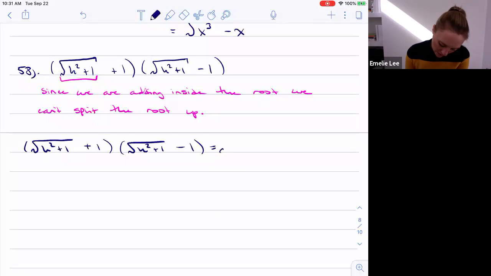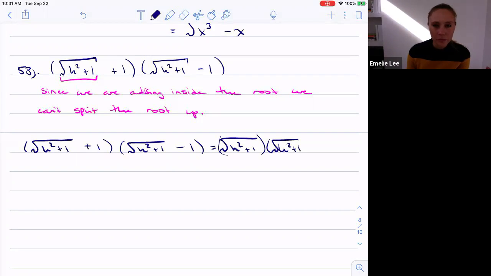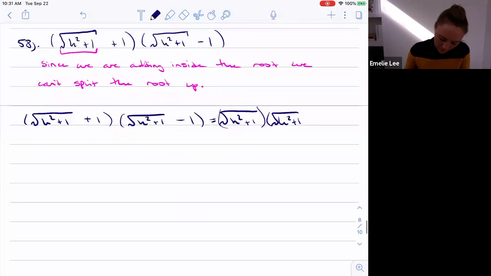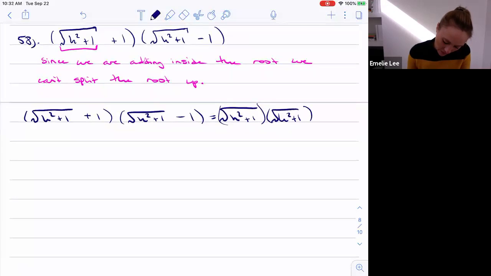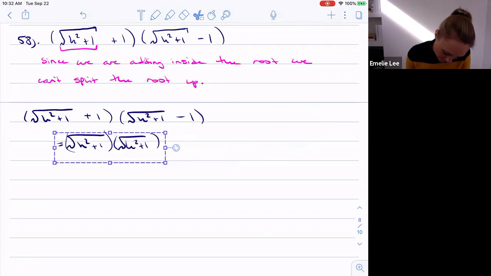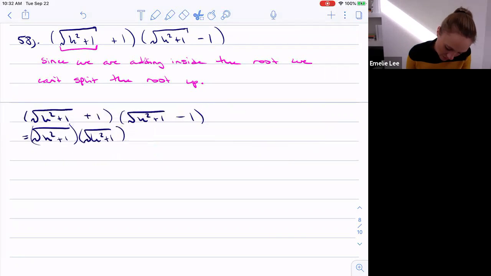So I get root h squared plus 1 times the root h squared plus 1. Okay, so that's the first one. And then, oh shoot, I'm going to put this on a new line, because it's going to be really big.